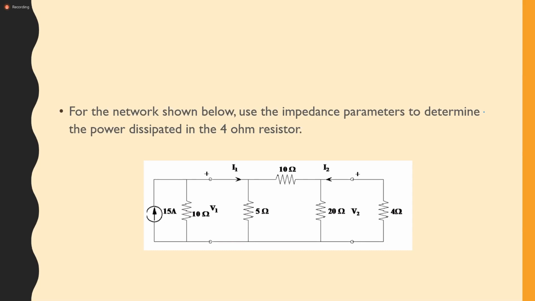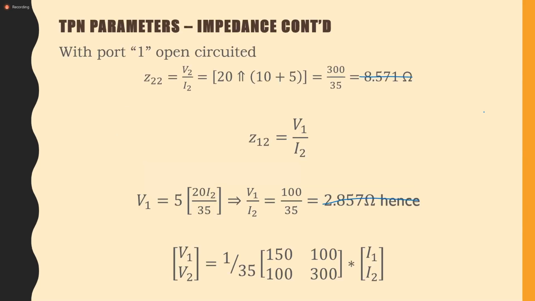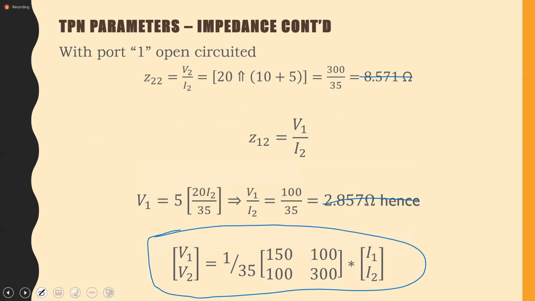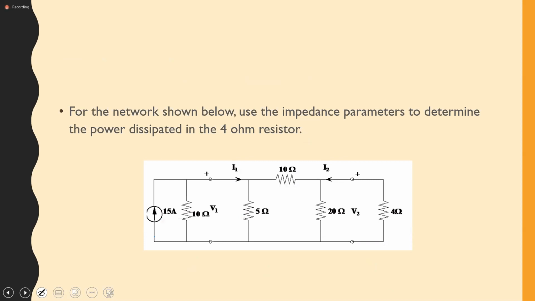What you're now going to do is to use the matrix equation. So now you have V1, V2, yes? And as you would have noted, nothing has changed with the circuit. So it means that the expression we had for I1 would remain the same. The expression we had for V2 would remain the same.